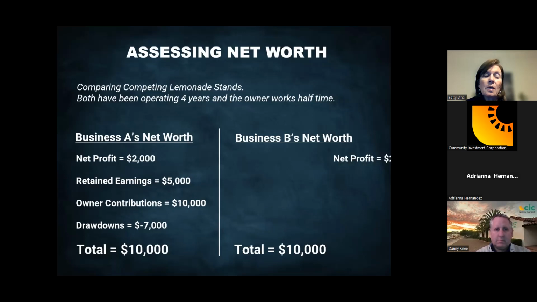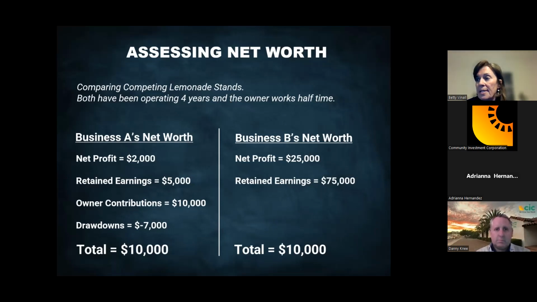Now we're going to look at business B. Business B has a net profit of $25,000. The retained earnings are $75,000. So again, that's a combination of all of their profit and loss, if there was losses, of the 4 years prior to the year you're looking at on the balance sheet.